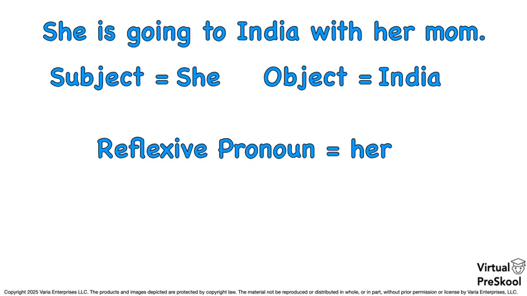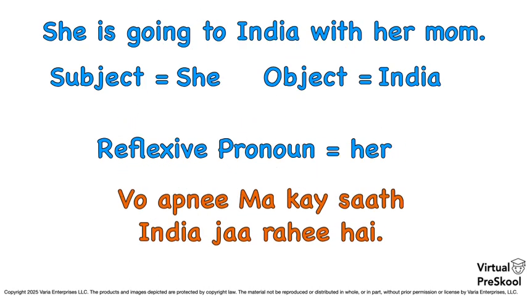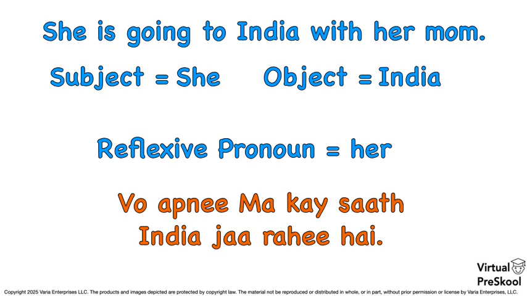And her and she are the same person? So that's what makes it reflexive. So this sentence in Hindi would be, वो अपनी माँ के साथ इंडिया जा रही है.